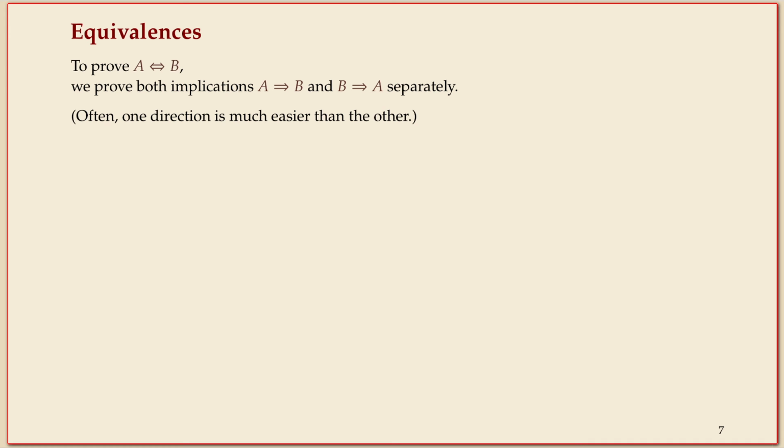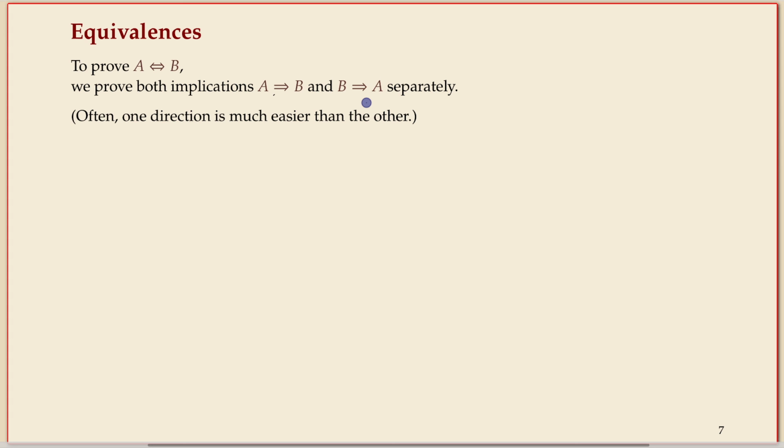Other types of statements that we will often meet are these, and I'll go through these quicker because they're usually falling back to what we already know. If we want to prove that A if and only if B, an equivalence, we know that that's actually just two implications. So it means we have to prove two implications separately.